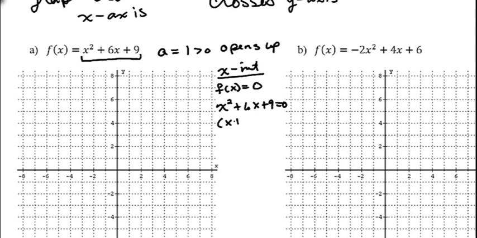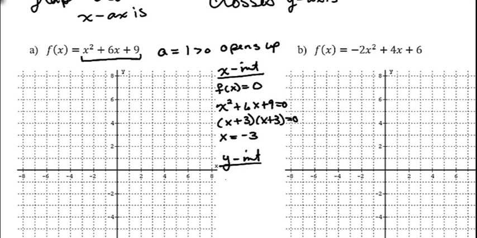It factors as x plus 3 times x plus 3. And so we get x is equal to negative 3. When you set x plus 3 equal to 0, you get x equals negative 3. And you'll get the same number when you set this other x plus 3 equal to 0. So there's only one x-intercept here. It's negative 3.